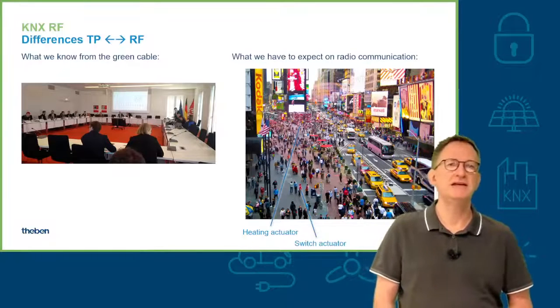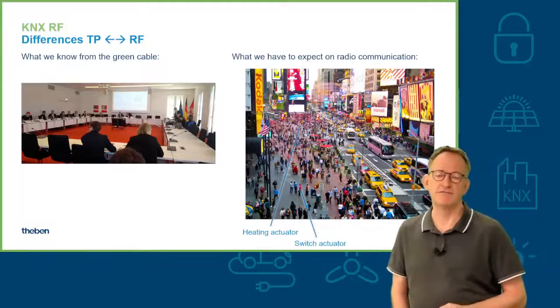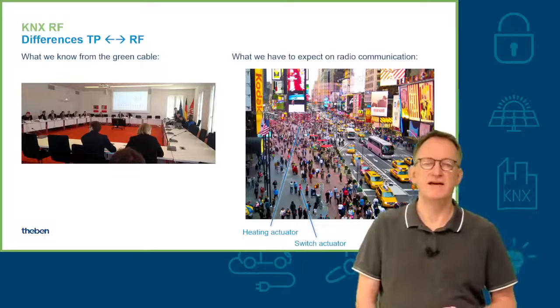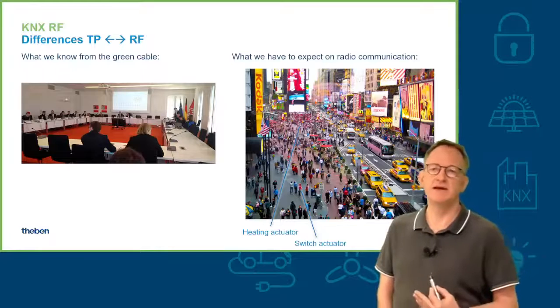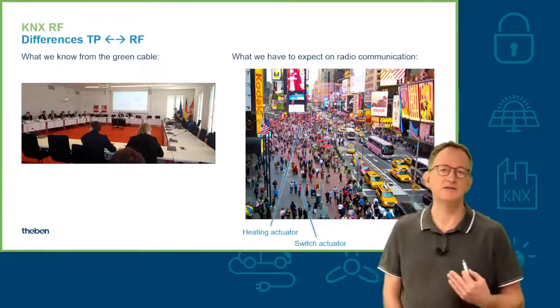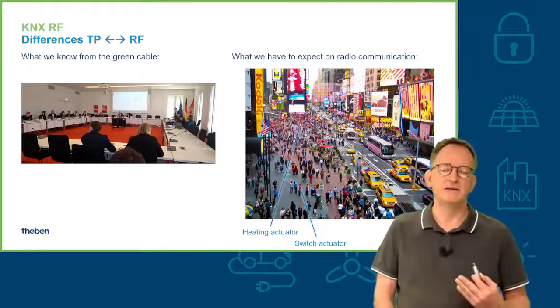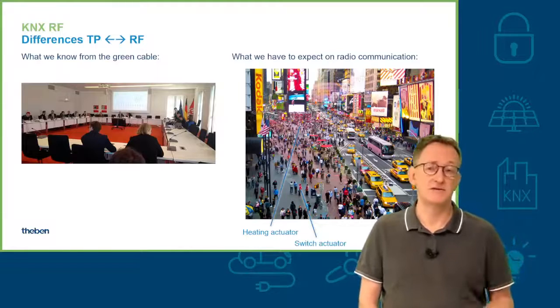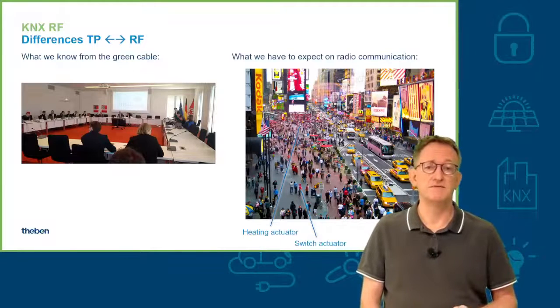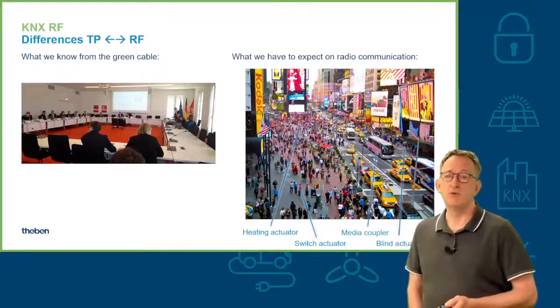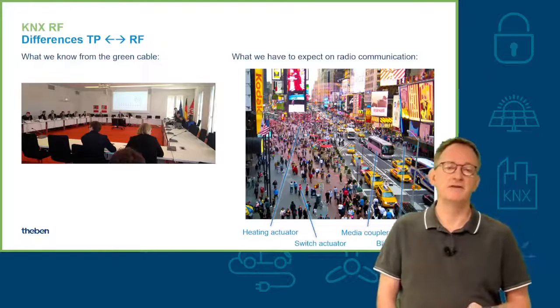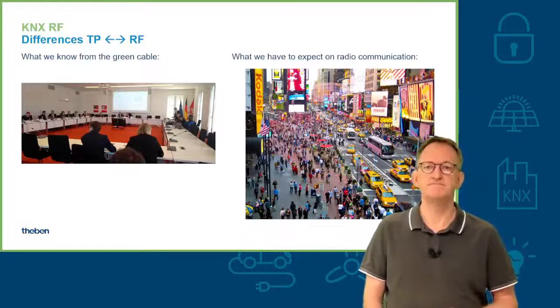That's really the challenge of RF communication. Here we have many more factors which have a negative impact on quality, but also on range and on collisions. That's really the problem we have with RF communication.